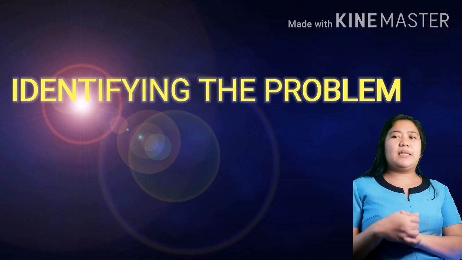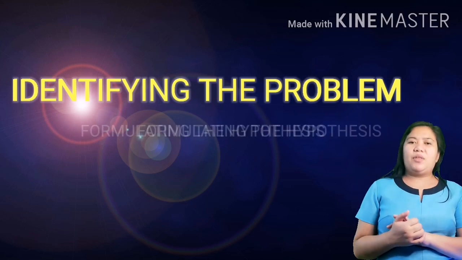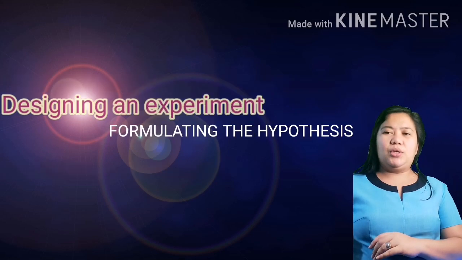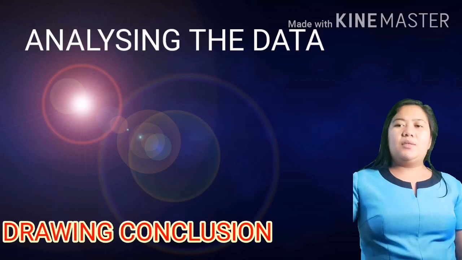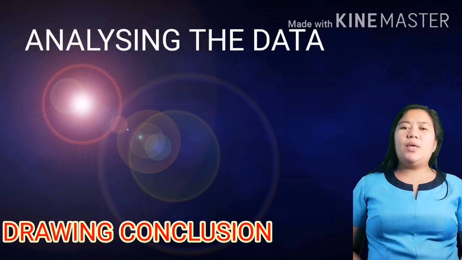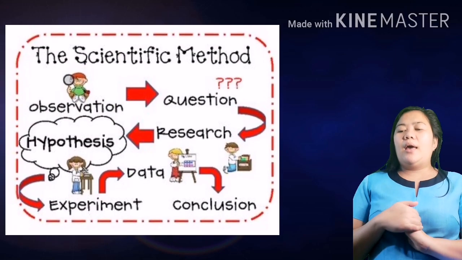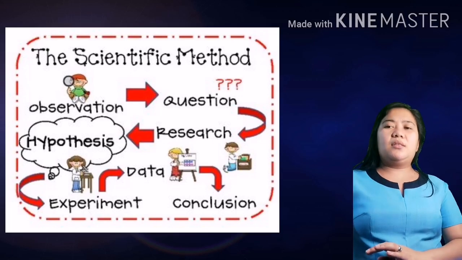The first one is identifying the problem, formulating the hypothesis, designing an experiment, recording and analyzing the results, and lastly, drawing the conclusions. We'll discuss this as we proceed with our entire discussion.